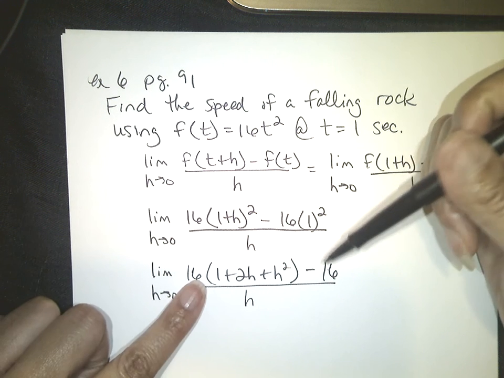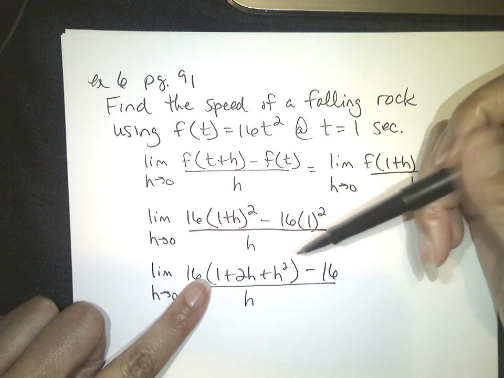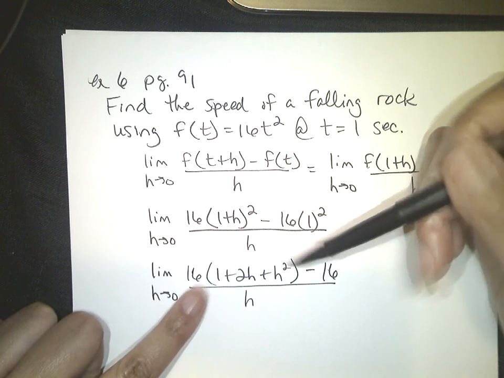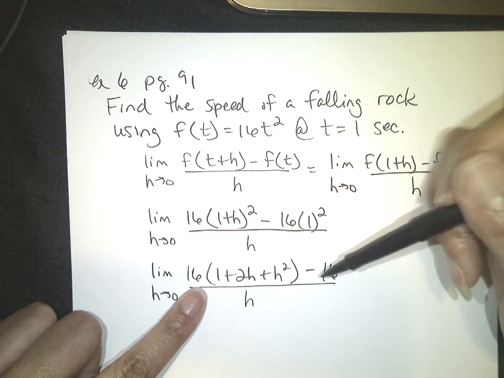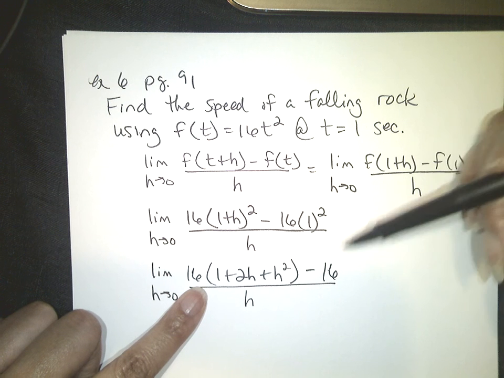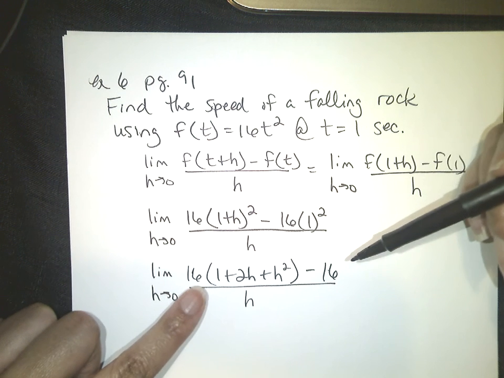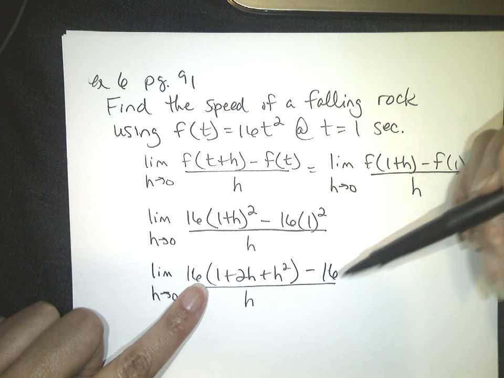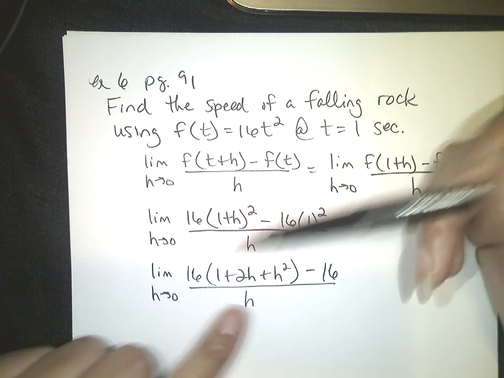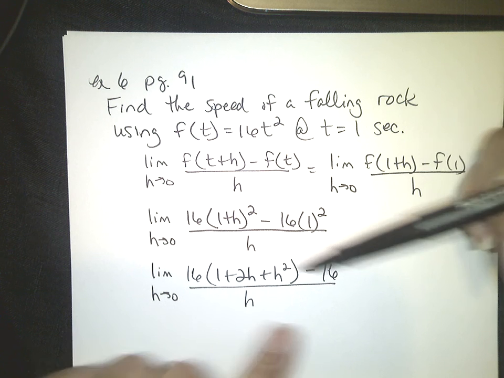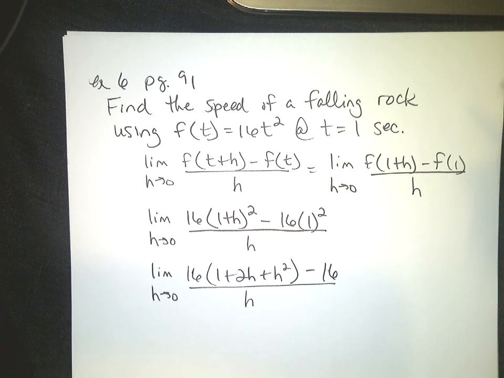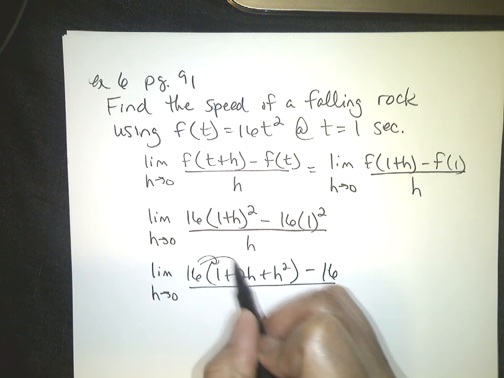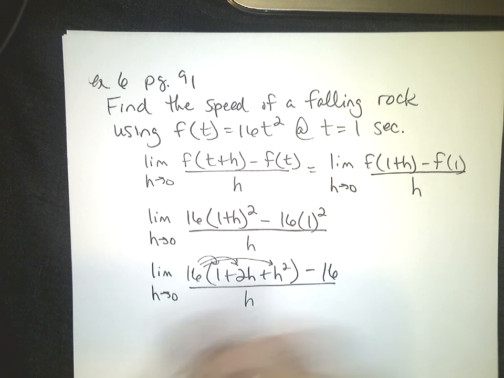Can't cancel this out yet because you have parentheses. I know a lot of you are going to be tempted. Oh, let's cross these 16s out. Ms. Gibson said if something cancels, something should cancel. 16 minus 16 cancels, but that's not order of operations. Order of operations says you multiply before you subtract. So we got to distribute that first.